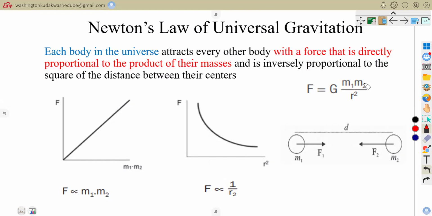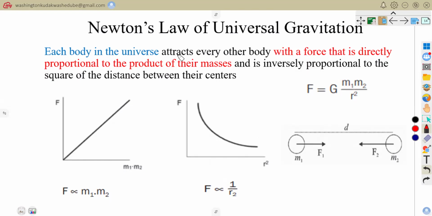Sir Newton said that there is a law that we term the law of universal gravitation, which states that each body within the universe attracts every other body with a force that is directly proportional to the product of the two masses of the two bodies, and inversely proportional to the distance between the two centers of the masses.